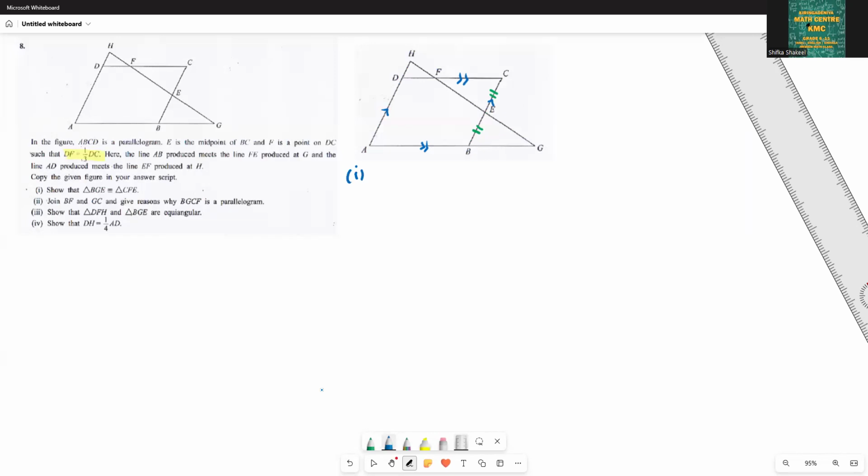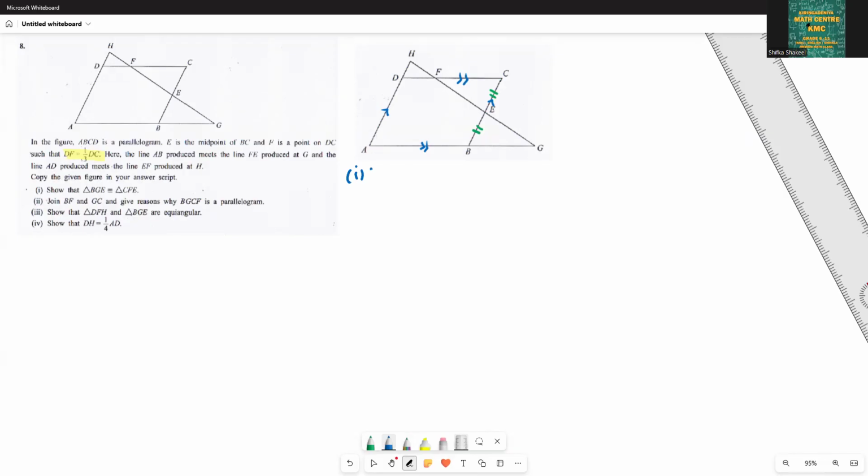First part: show that triangle BEG is congruent to triangle CFE. They are asking you to prove congruency. How to prove congruency, the cases you have already studied in grade 10.